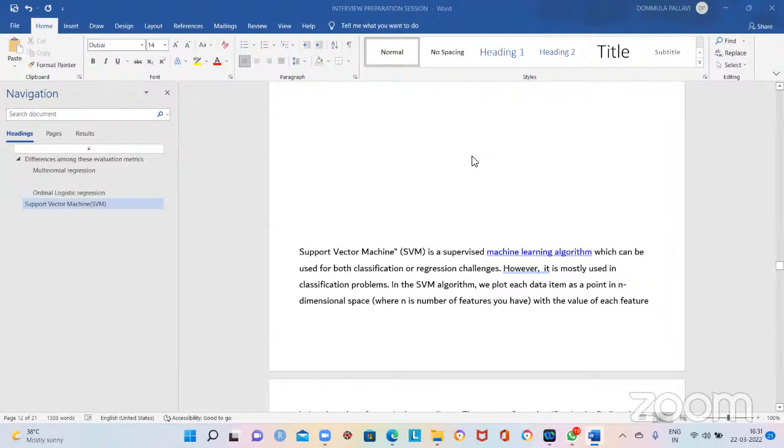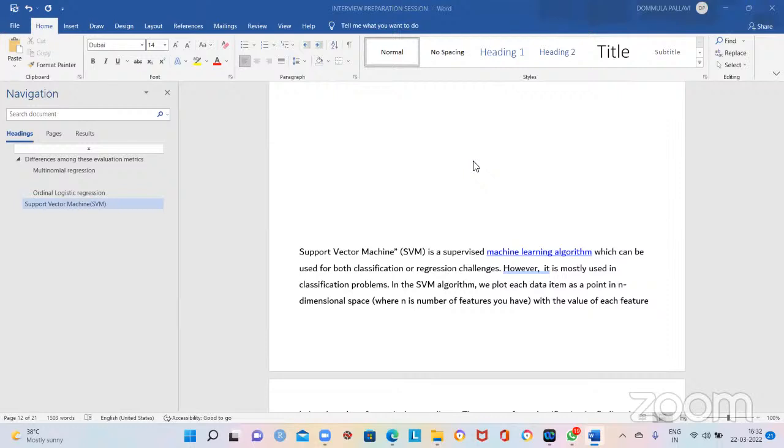Support vector machine, SVM, is a supervised machine learning algorithm which can be used for both classification and regression challenges. However, it is mostly used in classification problems.